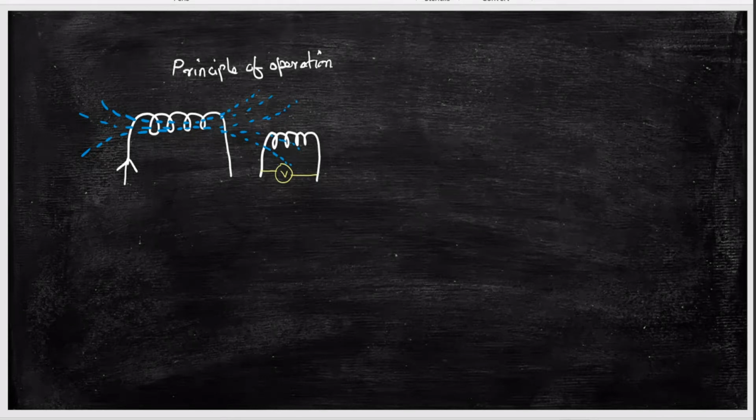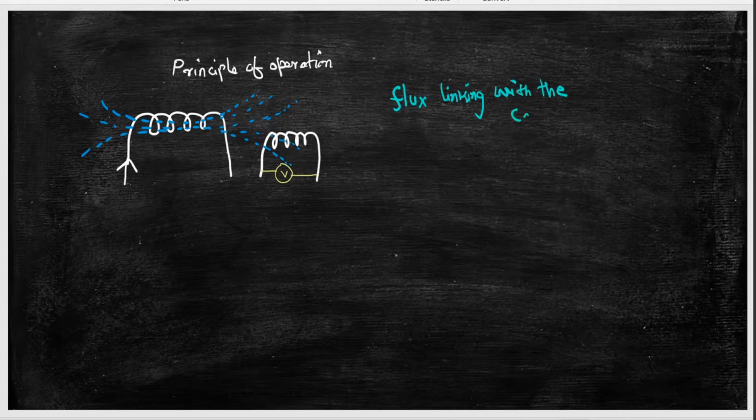So what we have to say? Flux linking with, we have to write like this, flux linking with the conductors. So what we are doing, we are trying to link the flux with conductors.